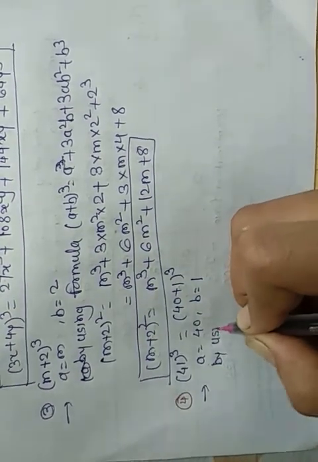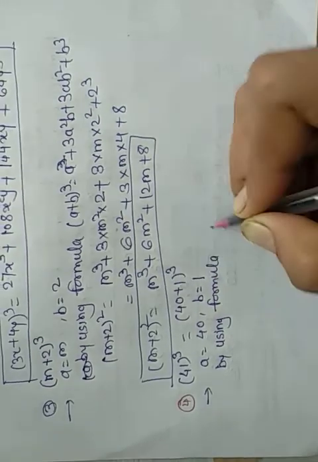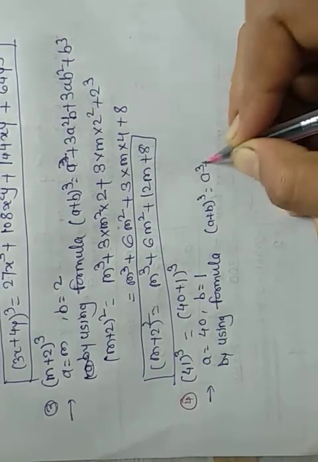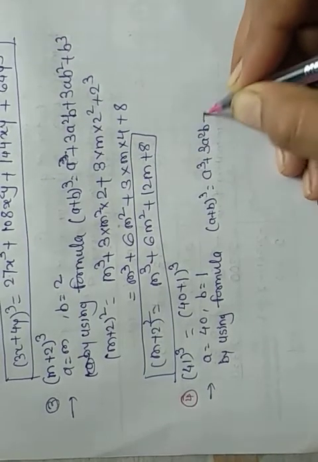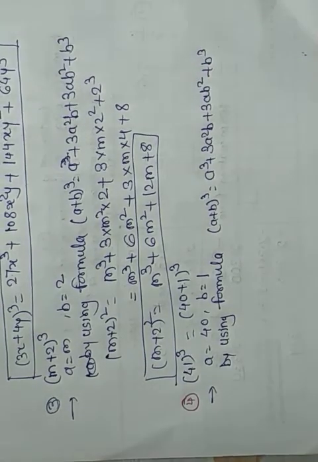Then by using the formula, (A plus B) bracket cube is equal to A cube plus 3A square B plus 3AB square plus B cube.